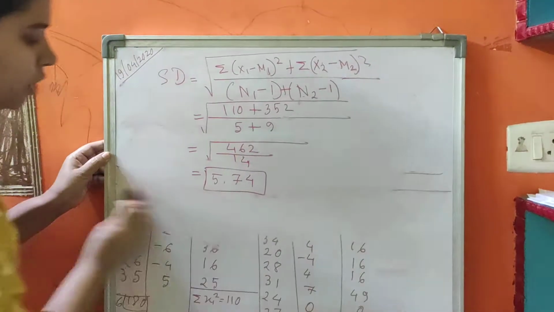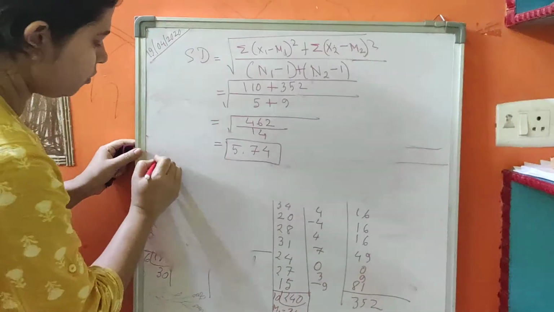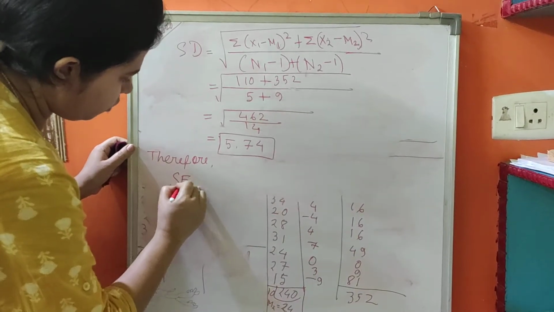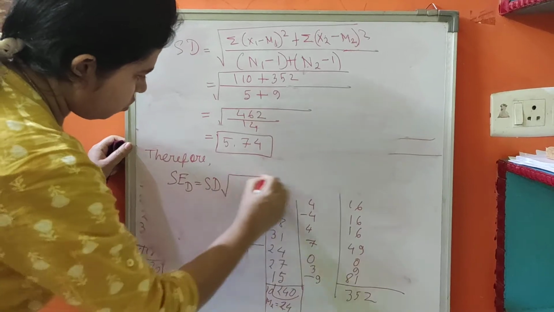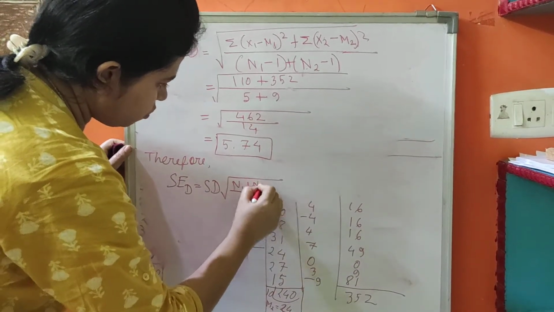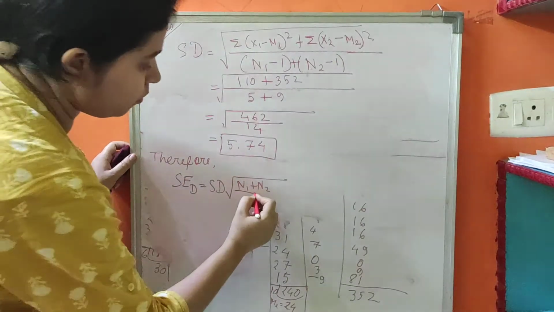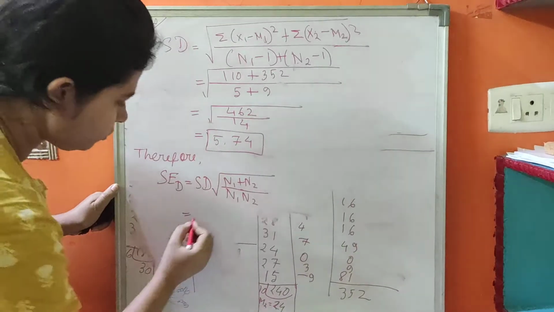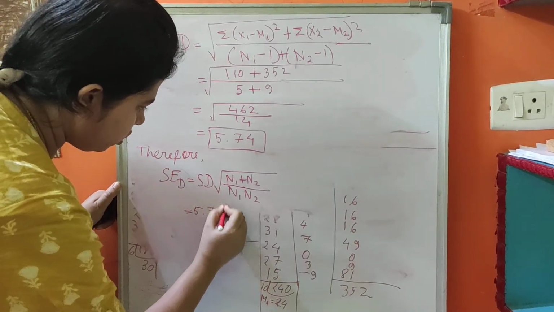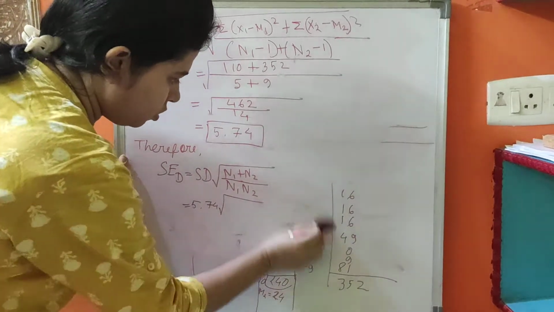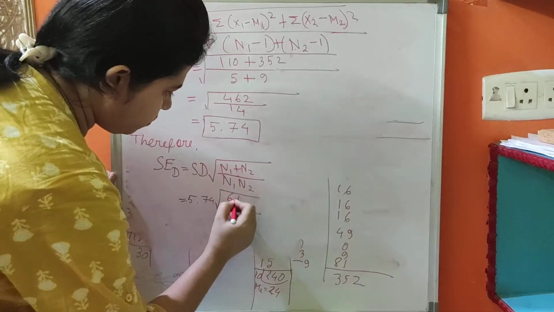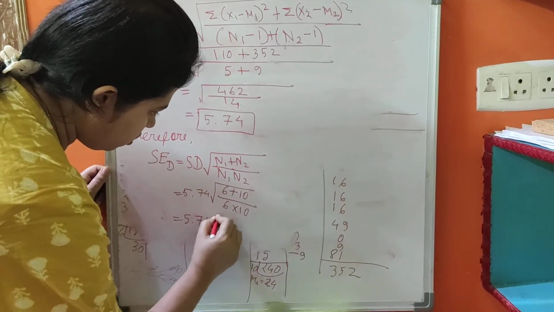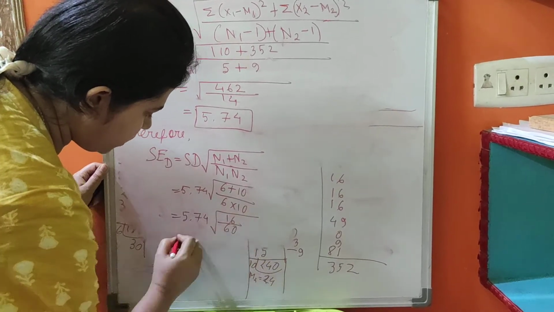Now we can find the standard error of D. The standard error of D is equal to SD into the square root of (n1 plus n2) divided by (n1 into n2). So the SD value is 5.74 into the square root of (6 plus 10) divided by (6 into 10), that is 5.74 into the square root of 16 divided by 60.